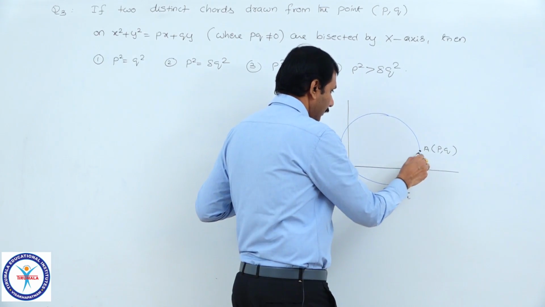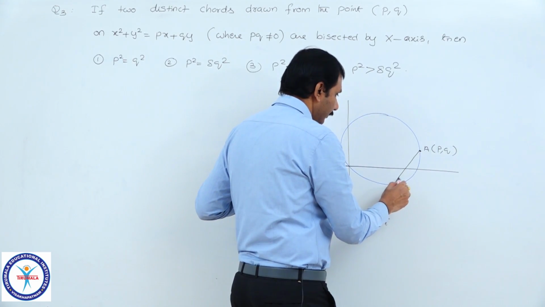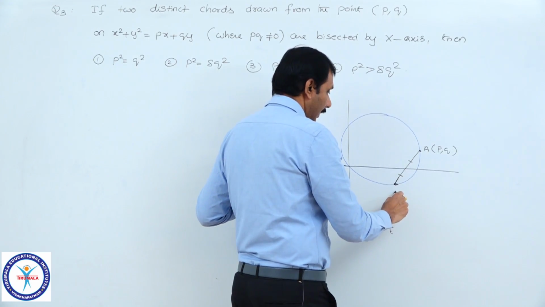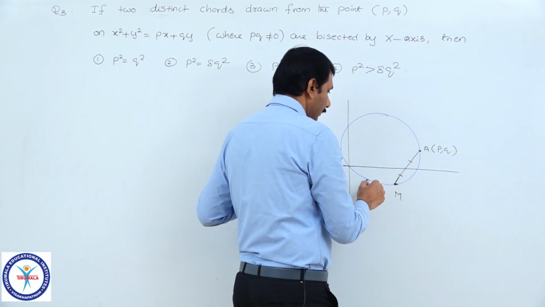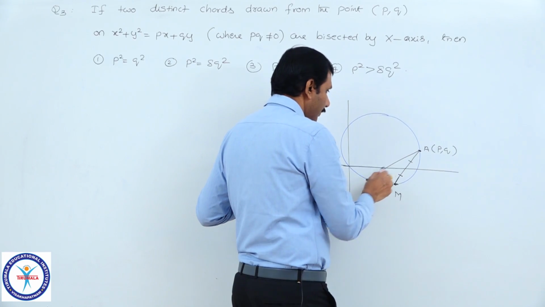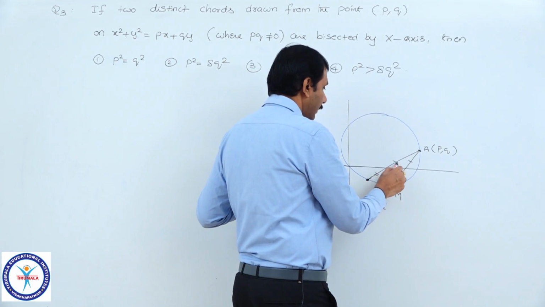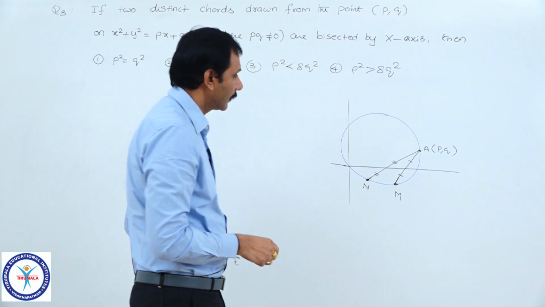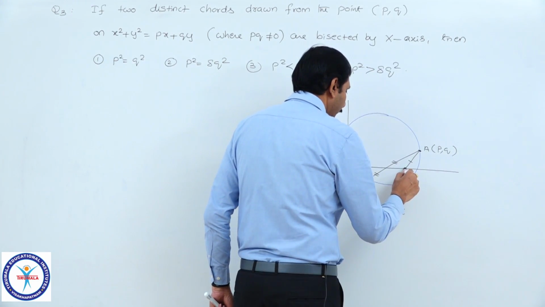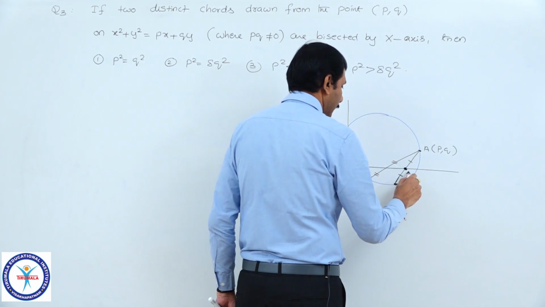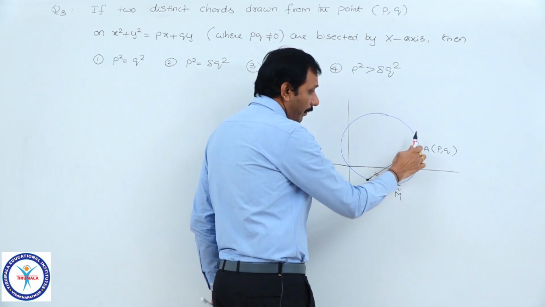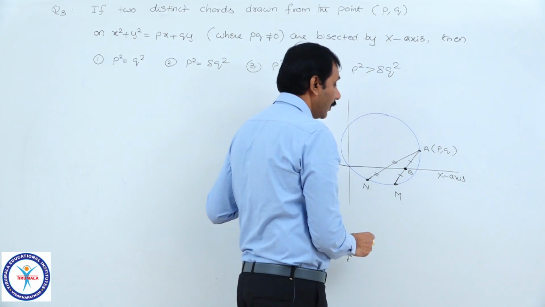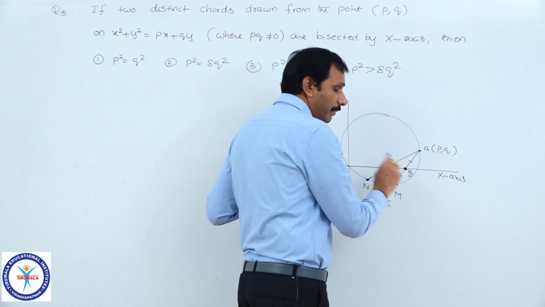Suppose it is one chord, bisected by x-axis, let it be M, and suppose it is another chord which is bisected by x-axis, let it be N. Now, if I take this point B, B is midpoint of MA, and since it is x-axis, y coordinate of this B must be equal to 0.